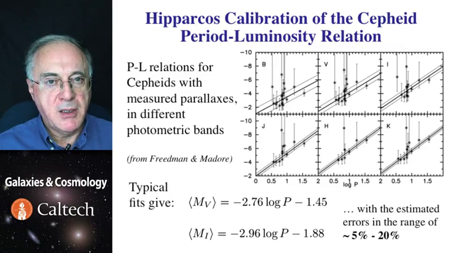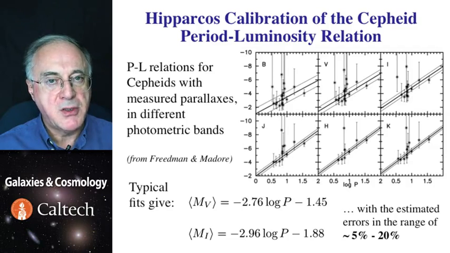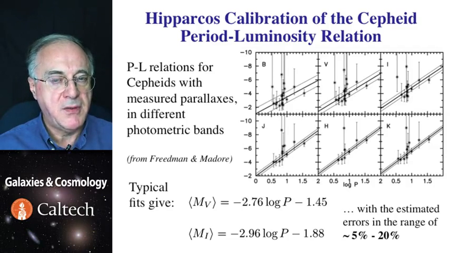Until the Hipparcos satellite flew, we did not have parallax calibration of Cepheids. Distances to Cepheids until then were based on the distances to clusters in which they live, and distances to those clusters were by and large determined using the moving cluster method. However, with Hipparcos, a handful of Cepheids was within reach, and these are the actual calibration relations for distances to Cepheids.